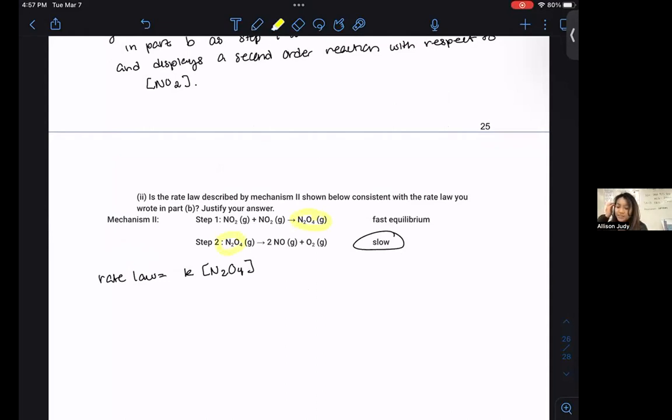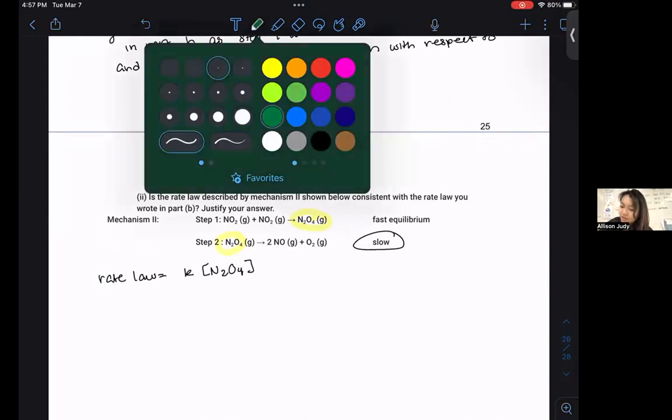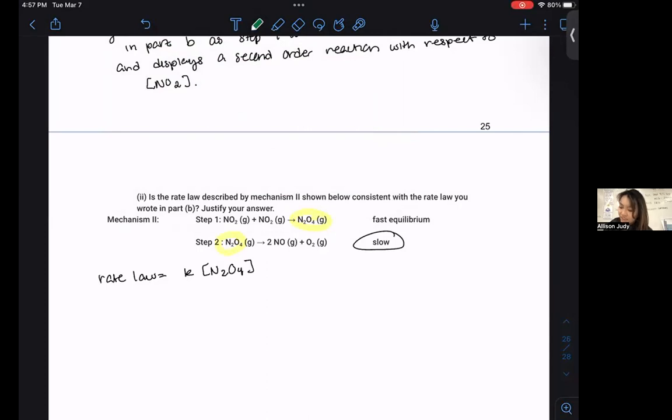So when we have a slow second step, we need to use the K equilibrium substitution. How can I write the rate law in terms of a non-intermediate? I look to the previous step and, according to my KEQ expression, products concentration raised to the respective power over reactant concentration raised to the respective power.